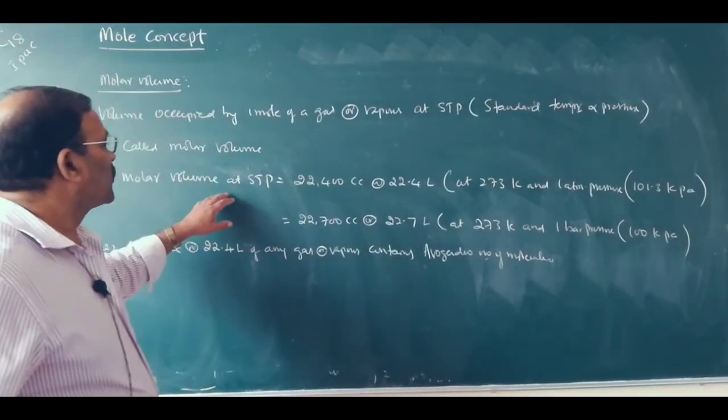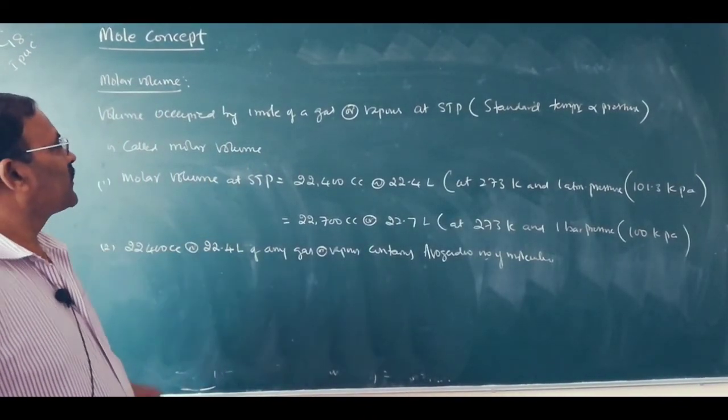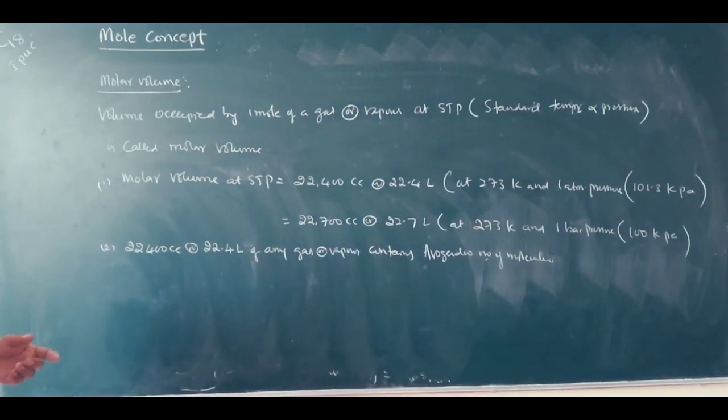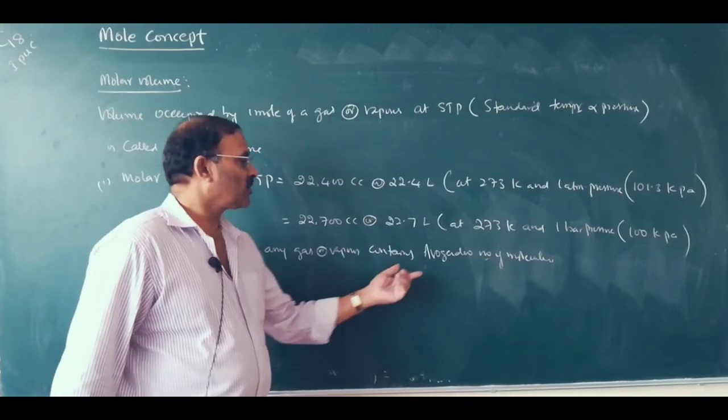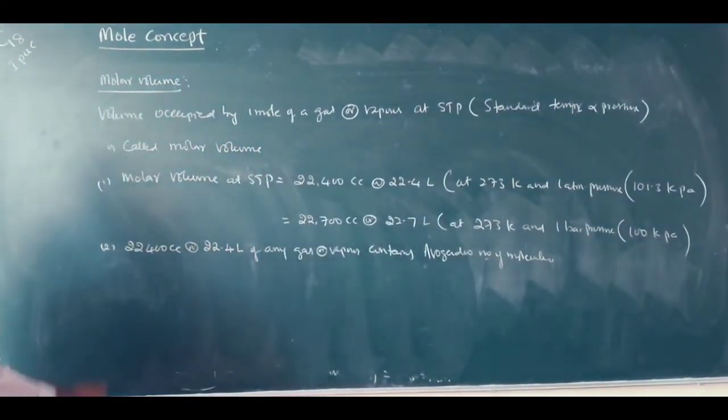So 22,400 cc is called molar volume. Molar volume of any gas or vapor contains Avogadro number of molecules.